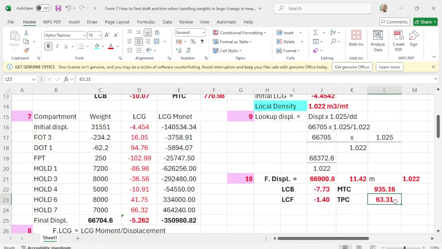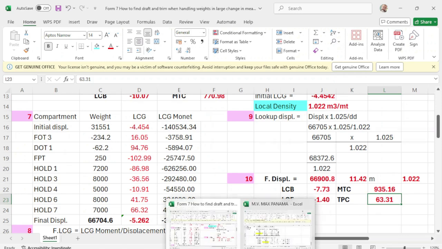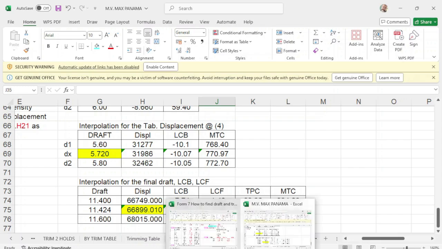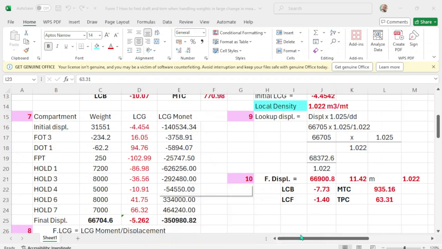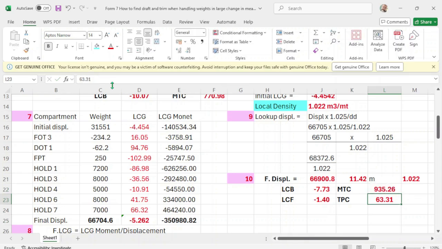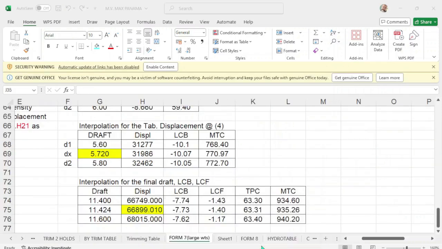MTC is 93526. Okay, we'll just put it 26, for the sake of this. And TPC is 6331, okay.